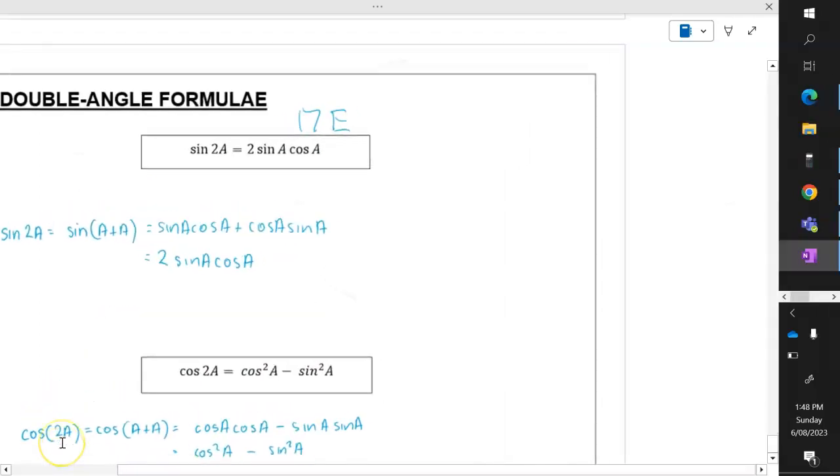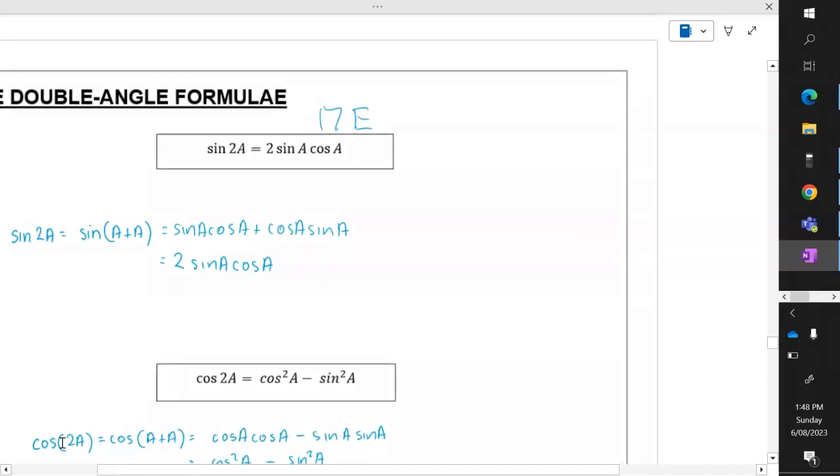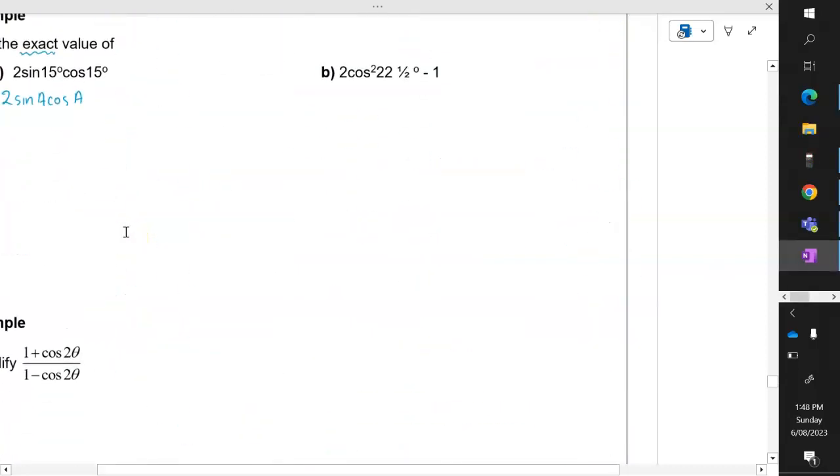Scroll up to the start of 17a. We worked out that sine 2a was 2 sine a cos of a. Okay, it's not given to you on your formula sheet, but you either can memorize it or we're going backwards. So 2 sine a cos of a comes from sine of 2 lots of a.